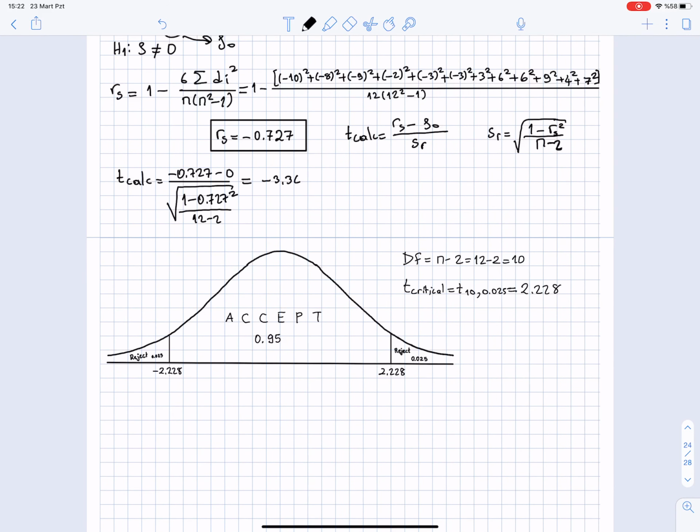The calculated statistic was 3.4. I made a mistake in here. It is 3.48. Clearly this is going to fall within the rejection part of the graphical representation.